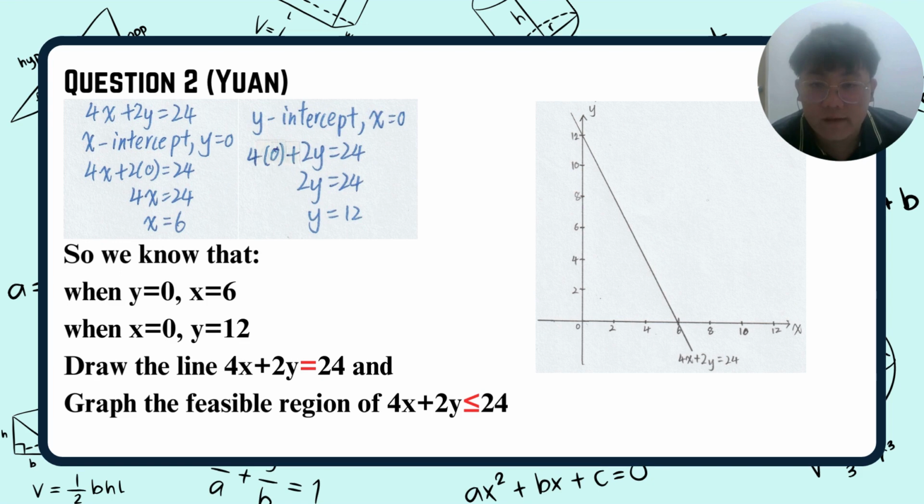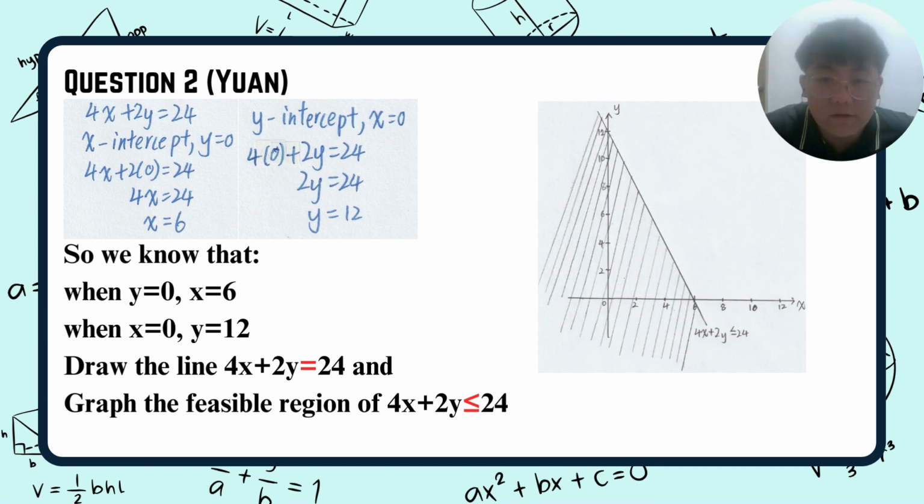Using the line 4x plus 2y equal to 24, we get 2 points: x equal to 0, y equal to 12, and y equal to 0, x equal to 6. We draw a line passing through these 2 points, and we get the graph as I provided. After that, we find the feasible region of 4x plus 2y less than or equal to 24. We can use any point to find this region. For example, I use (0, 0), meaning x equal to 0, y equal to 0.